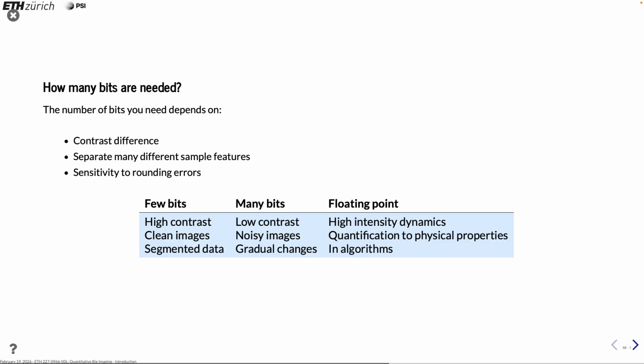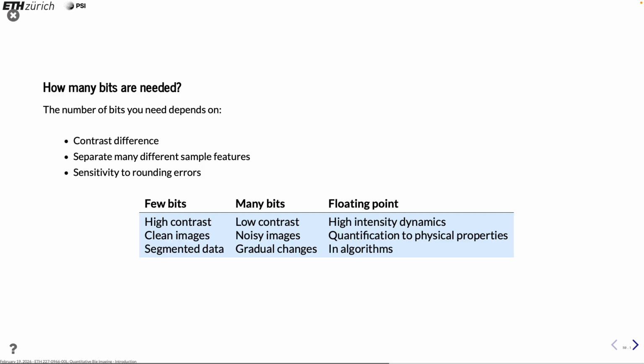If you have labeled data, then you may need a few more bits. Many bits are needed when you have low contrast images or very large dynamic range in the data, if you have noisy data, and also if you have very smooth gradual changes that you want to capture.